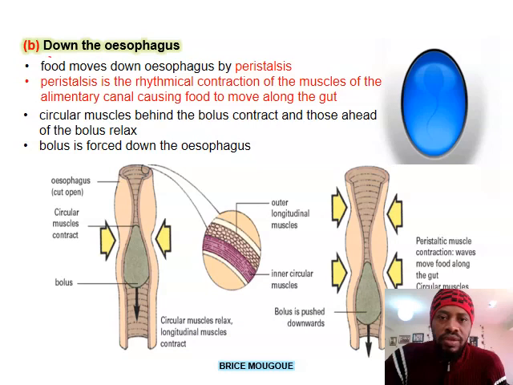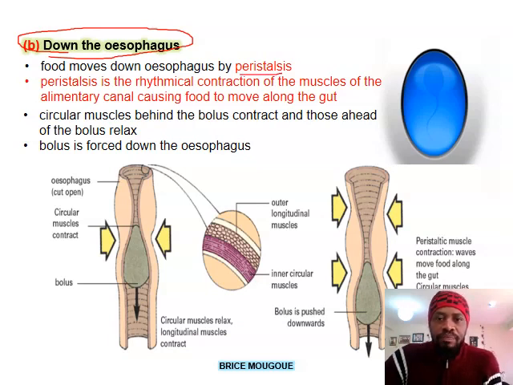Now, down the esophagus, what happens? The food will move down the esophagus by peristalsis. And peristalsis is the rhythmical contraction of the muscles of the alimentary canal, causing food to move along the gut. So peristalsis doesn't occur only in the esophagus, it also occurs in the stomach, and also in the intestines, the small and large intestine.